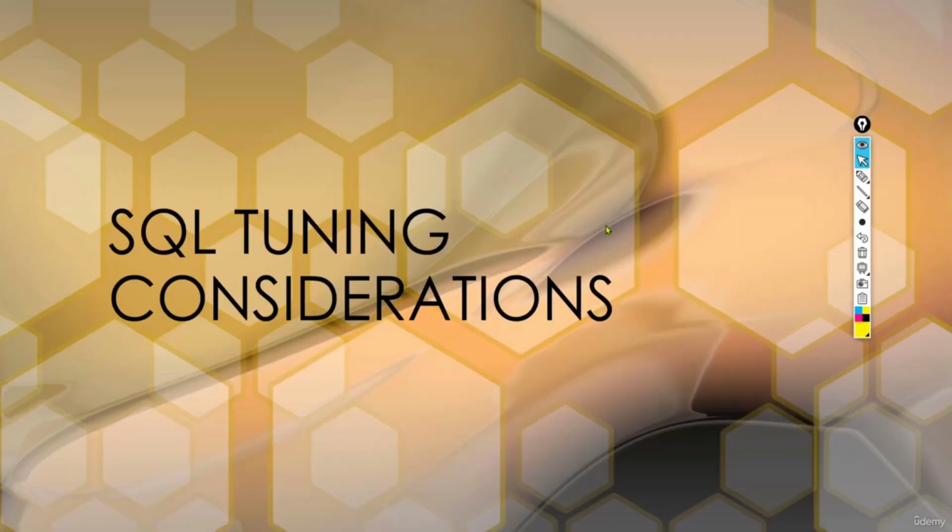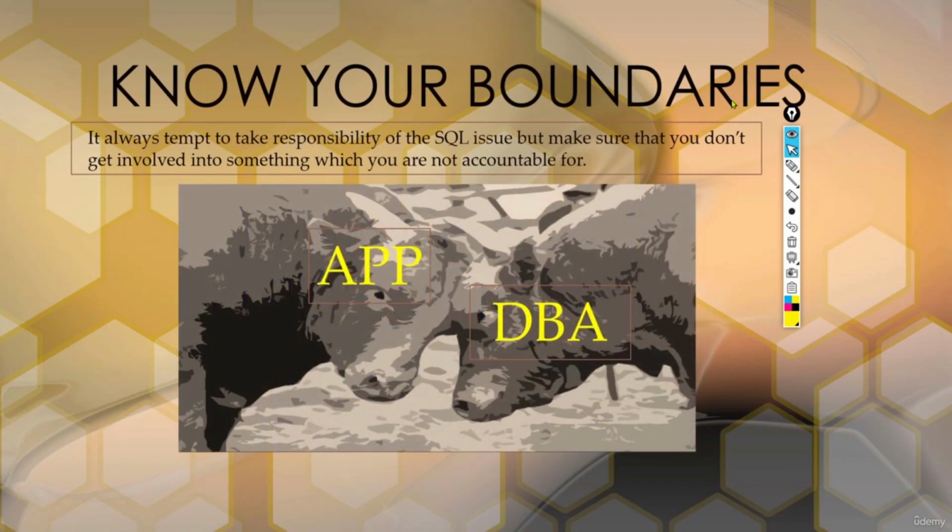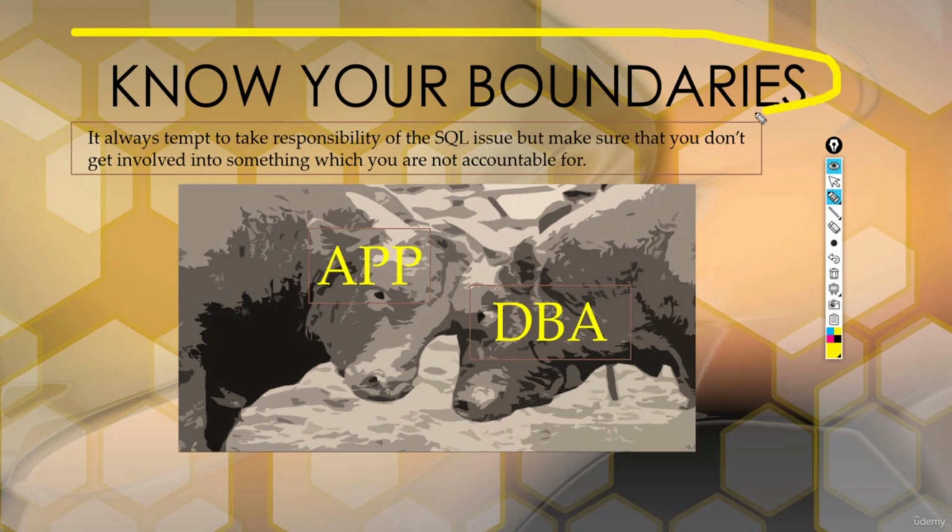Okay. Hey guys, in this session, let us see the different SQL tuning considerations which need to be taken by the DBA for any SQL performance issue. As a DBA, you should always know your boundaries of what needs to be done and what need not be done, right? In every organization, they may be having different roles and responsibilities, right?